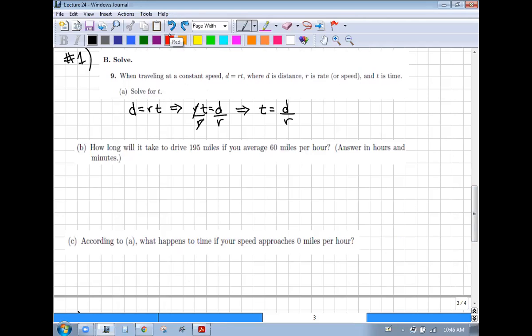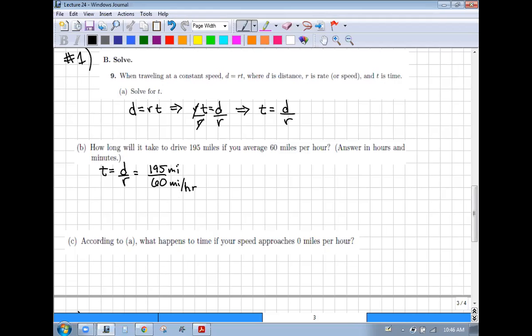If your speed never changes, then your average speed is just going to be your constant speed. So we already have T equals D over R. Well, they said D is 195 and R is 60. 195 miles over 60 miles per hour.